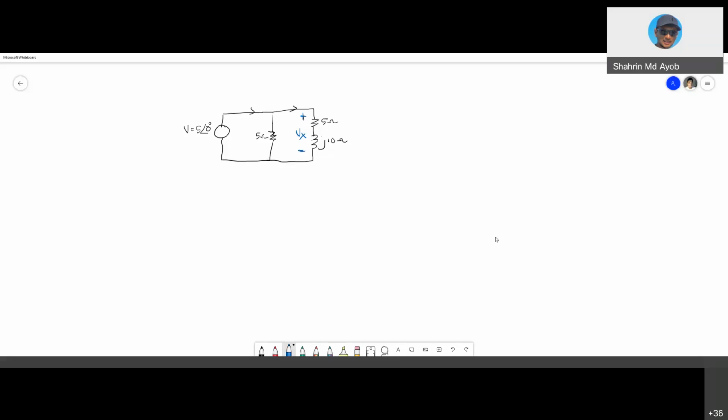From here, you can directly get that Vx is Vs, because that one is parallel, right? So if you convert it into the phasor domain, you can apply all the analysis techniques that you have applied in the DC circuit.